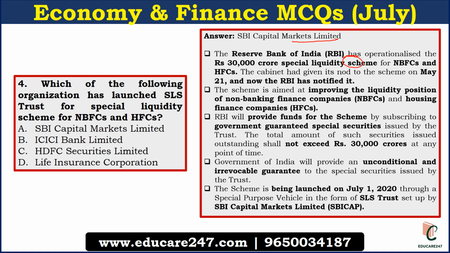This scheme is aimed to improve the liquidity position of NBFCs and housing finance companies. RBI will provide funds for the scheme by subscribing to government guaranteed special securities issued by trust, and total amount for these kind of securities will not exceed rupees 30,000 crore.